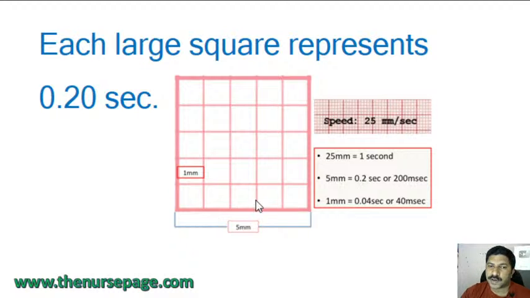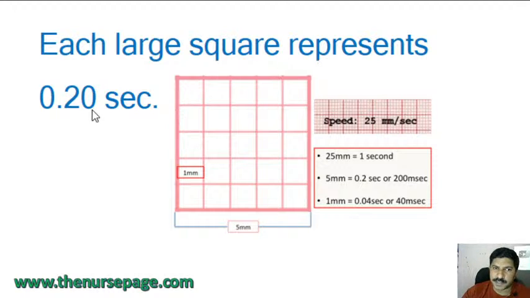So 1 small square equals 0.04 seconds, that is 1 mm, or we can also say 40 milliseconds.